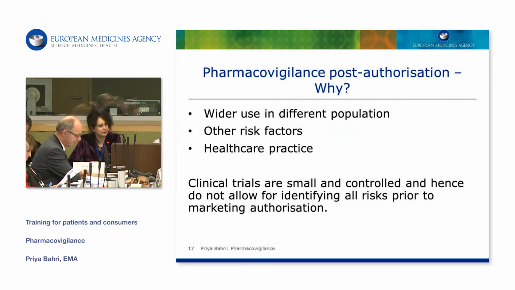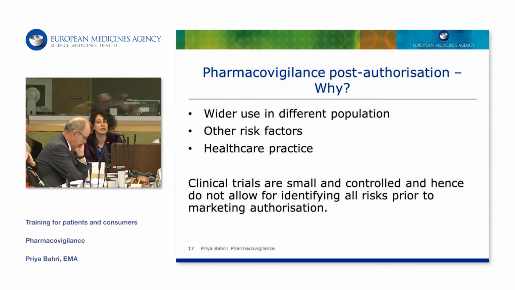Next slide, please. So why do we have to do this? Well, because a medicine is first authorized basically on the basis of clinical trials. And as you all know, I think many of you have somehow been involved in this area, clinical trials are usually rather small. If you get a 3,000 patient exposure prior to authorization, that's already very good.